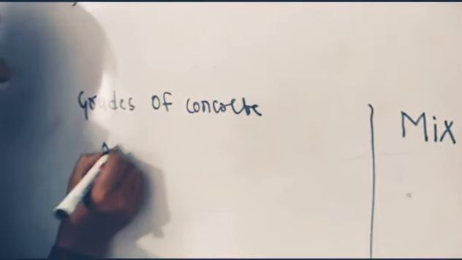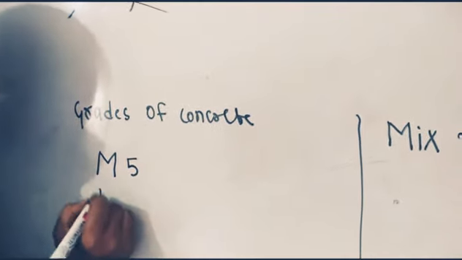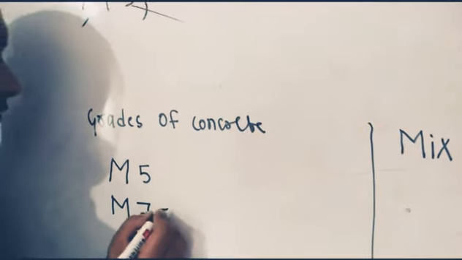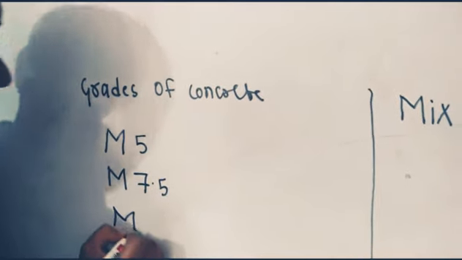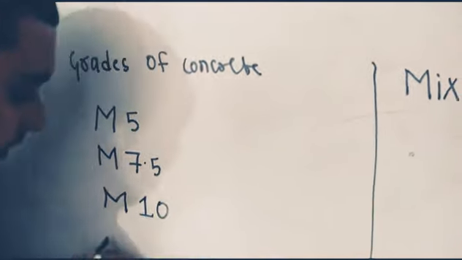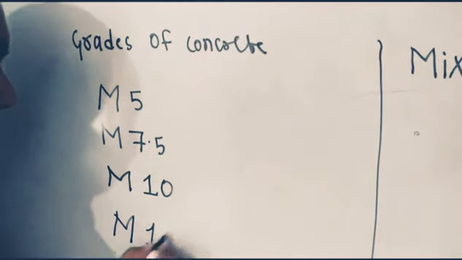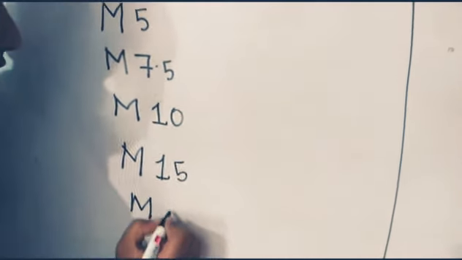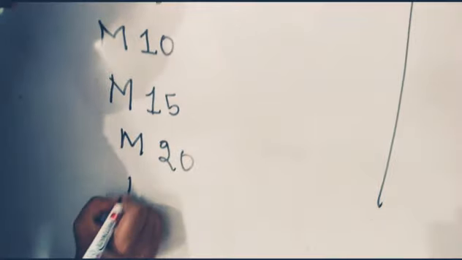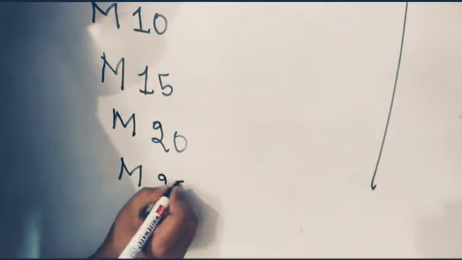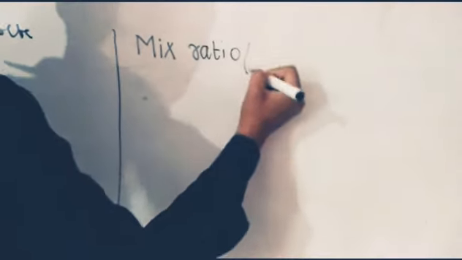Here I am going to write the different grades of concrete: M5, M7.5, M10, M15, M20, M25, and the corresponding mix ratio I am going to write in this column.